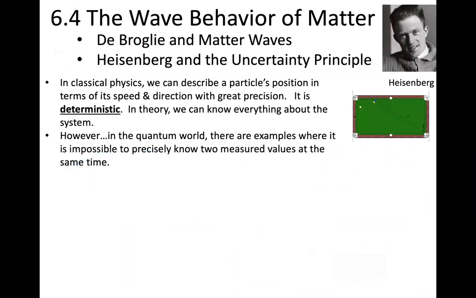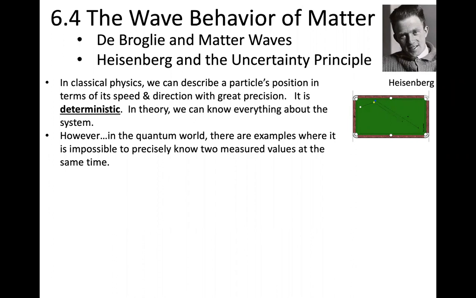Now, another aspect of this, which is discussed here in 6.4, is the idea of the uncertainty principle. In classical physics, and by classical physics, I mean physics from Isaac Newton all the way to about 1900, you could, at least in theory, describe every characteristic of a particle. Let's say you had a pool table.